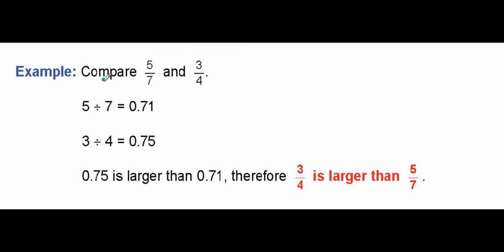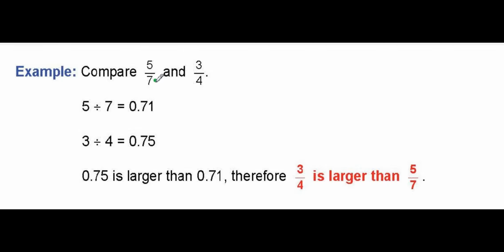Now we move on to the next example. Here we are going to compare the fractions 5/7 and 3/4. We will divide the numerator by the denominator in each fraction. The numerator of 5/7 is 5.